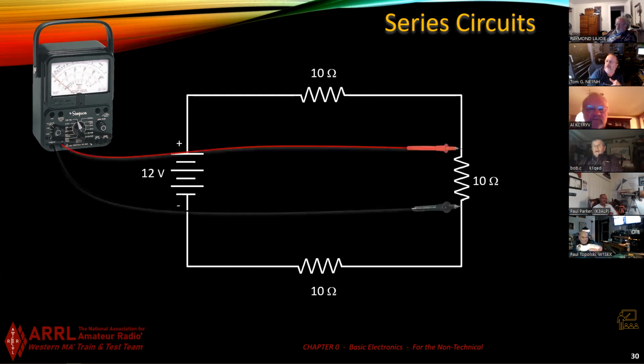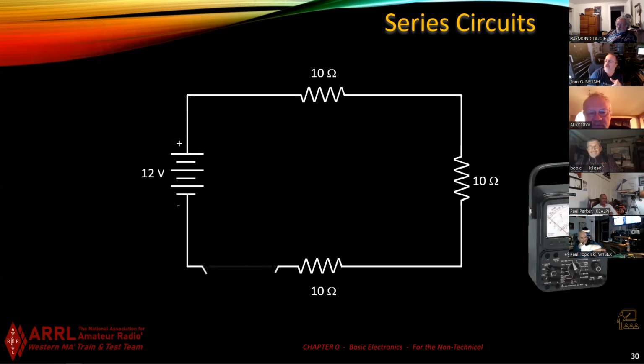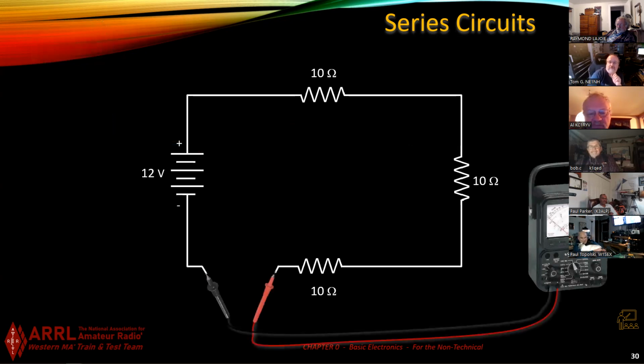So let's walk through this and look at what happens in this circuit. Oh, by the way, current. We'll do current first, just like the water flow in our pipe. This one should be easier for you. Remember when we talked about the 30 gallons per minute, no matter where we measured in our pipe? If I've got this circuit, how much of the total current am I going to measure at each of these points? Think about our water pipe again.